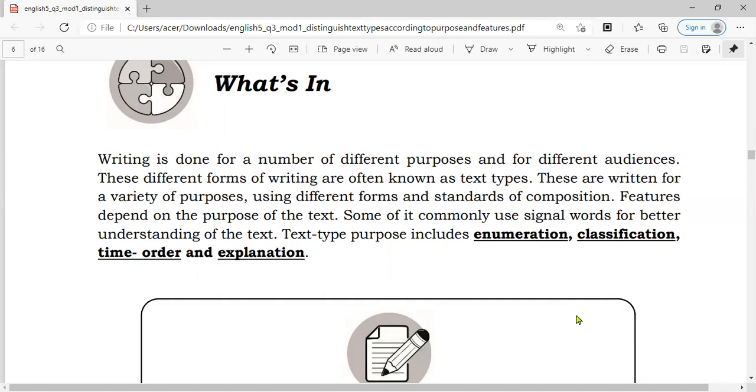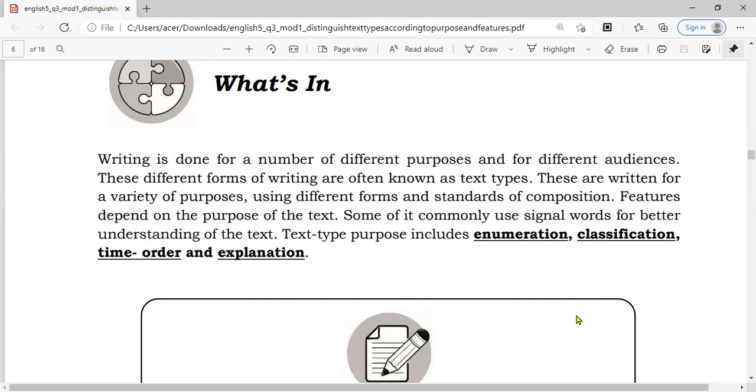Features depend on the purpose of the text. Some commonly use signal words for better understanding of the text, to have a smooth flow of ideas from the beginning down to the end part of your writing. Signal words are very important when we write.